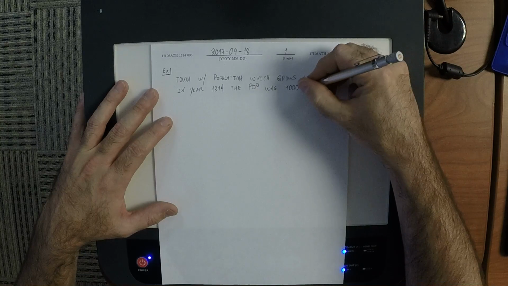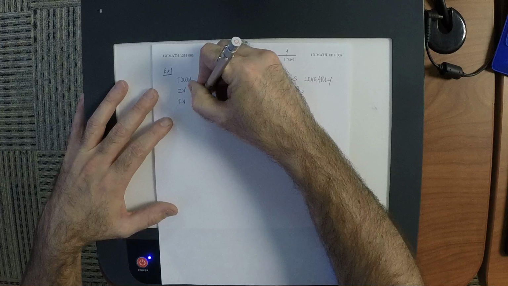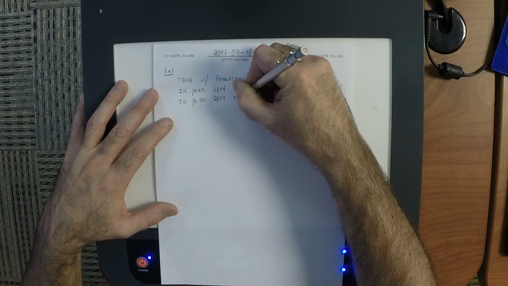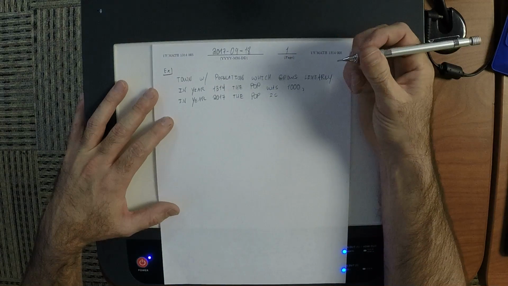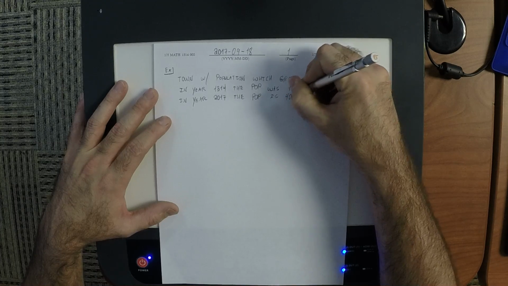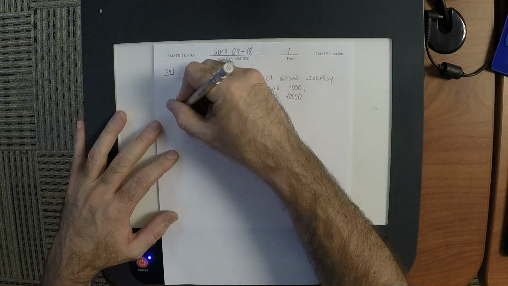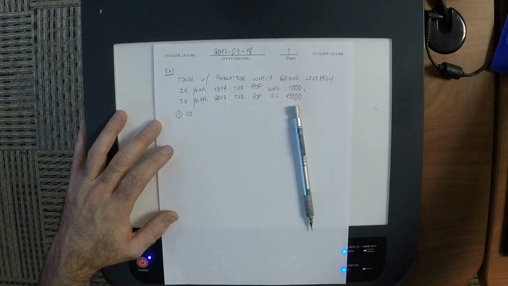Was 1,000, and in year 2017, the population is how about 40,000? Okay, so we've got such a town. First request is to construct a linear model. So find a linear model.